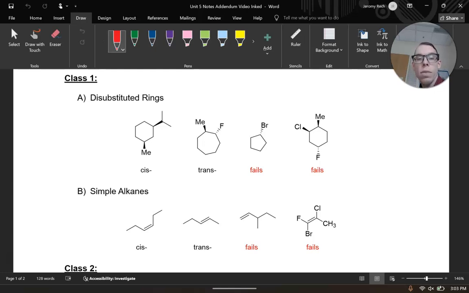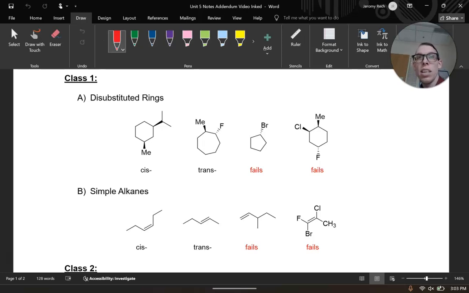Now, one of the reasons why these are a little bit more limited is because you actually don't necessarily get down to just the individual structure. You get down to typically one of 2. So for example, if I say cis 1-isopropyl 3-methyl cyclohexane, that's the name for this first structure here, it could be wedge-wedge, or it could be dash-dash.